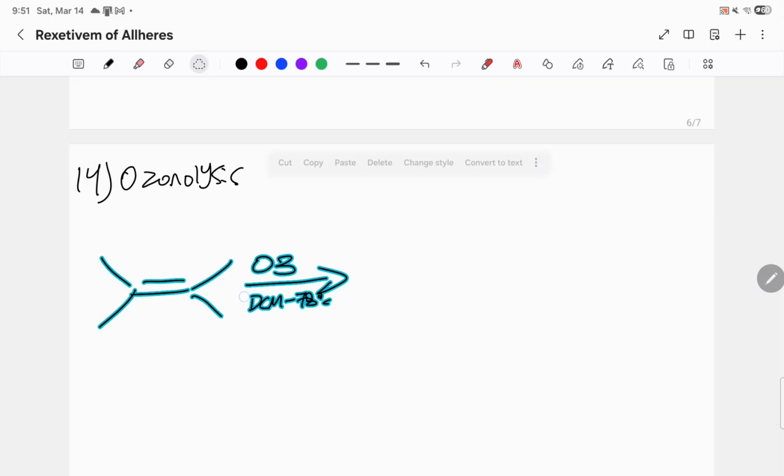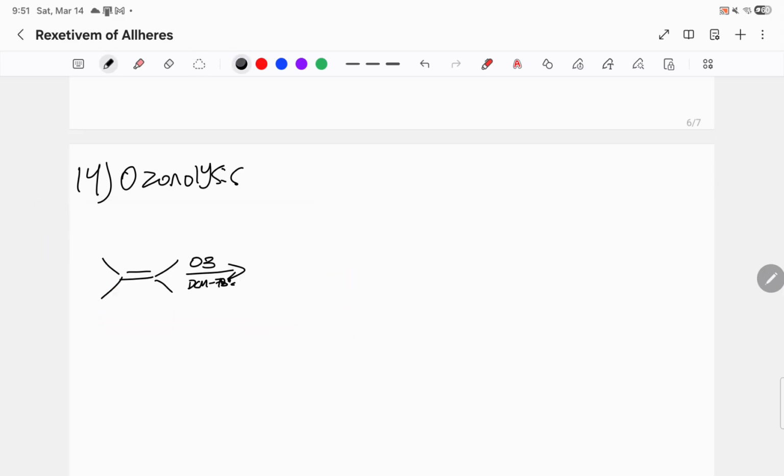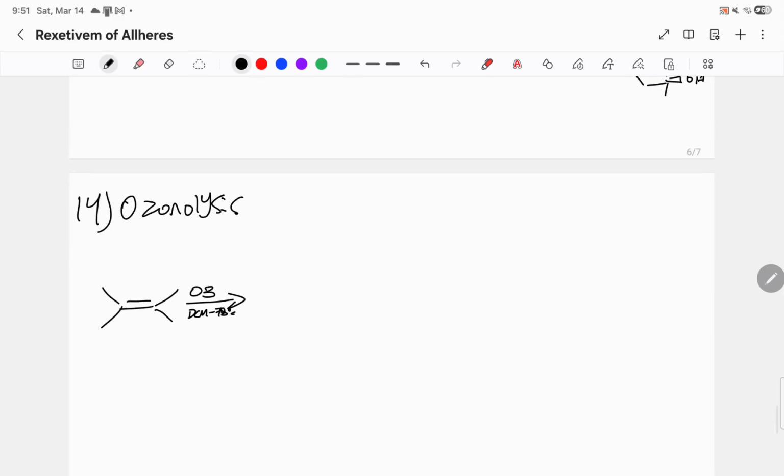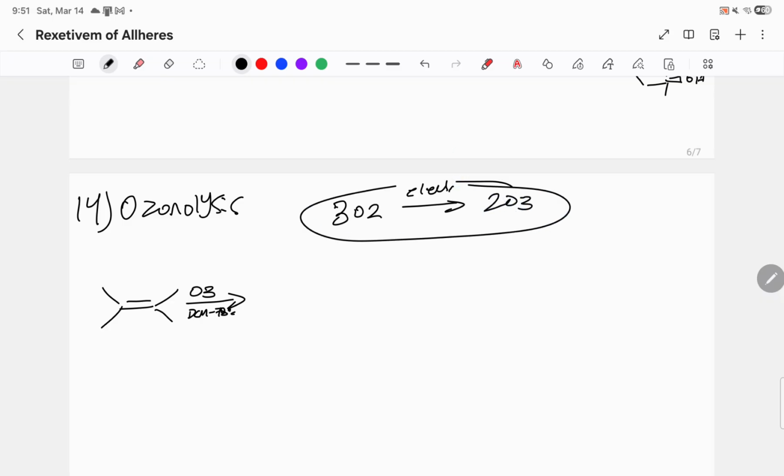So let me shrink this down and show it to you like this. Again, I have my alkene. I use ozone in dichloromethane at minus 78 degrees. And by the way, the way I get ozone is I just take oxygen, and by way of some electric discharge, I get my ozone, and this ozone will then be used in this reaction.